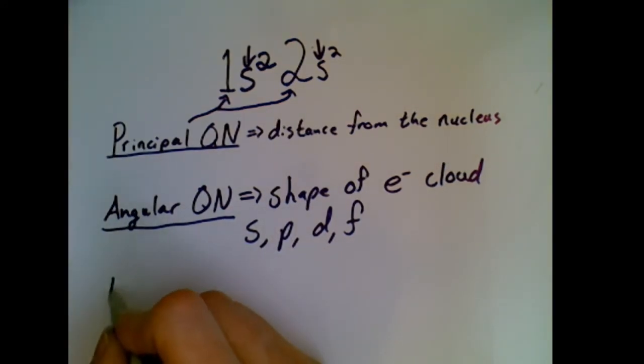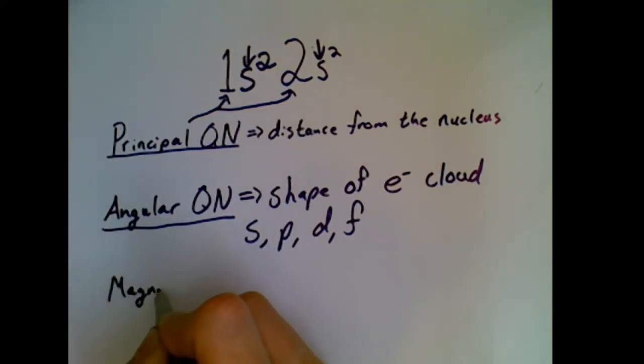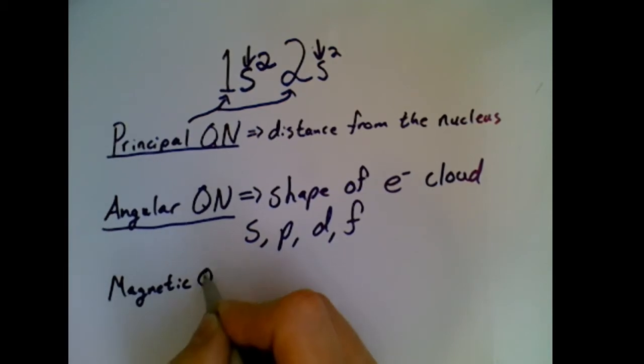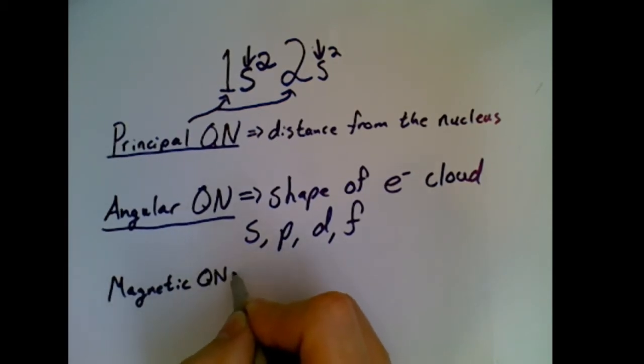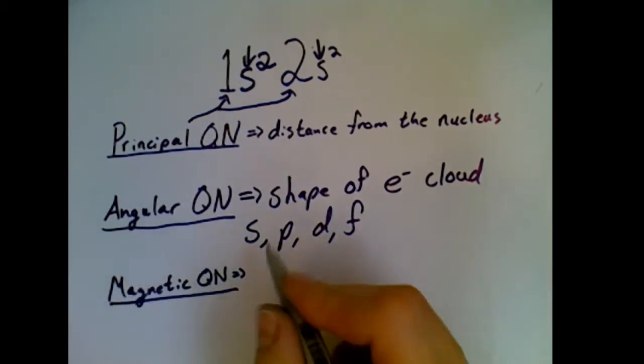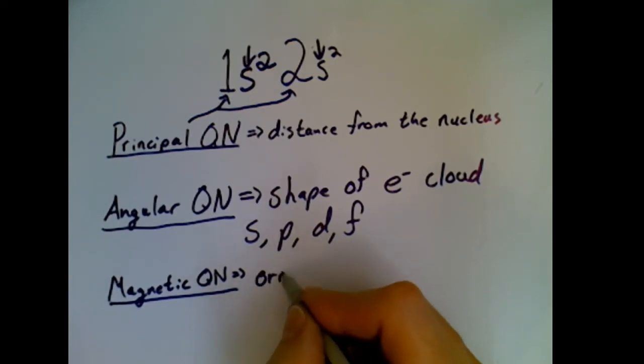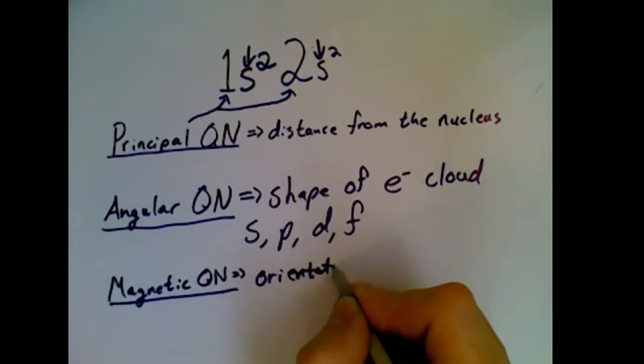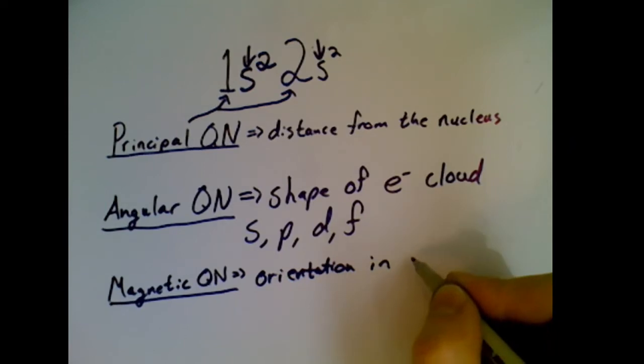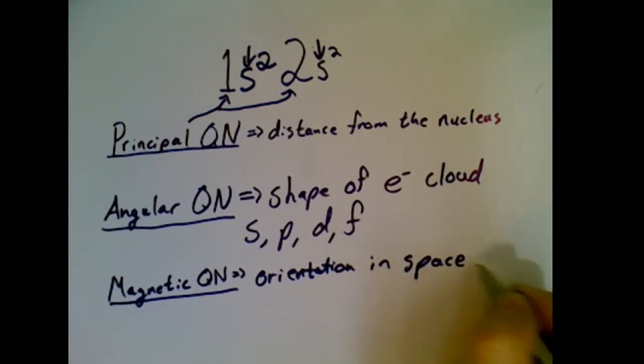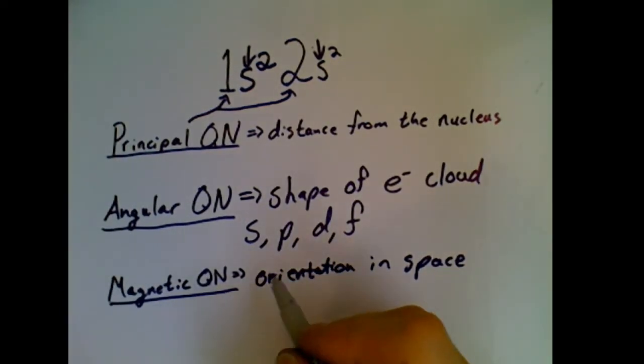There is what's called the magnetic quantum number. And the magnetic quantum number has to do with the orientation in space. And so we're talking about a three-dimensional world.